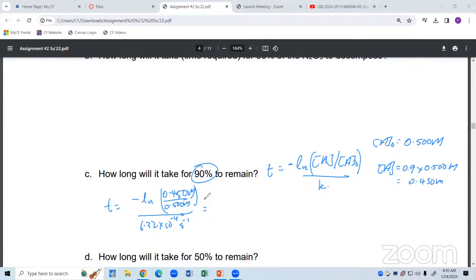So let's see what that gives. 0.45 divided by 0.5, and then we find the natural log, and then we take out the minus sign and divide by 6.32 times 10 to the minus 4. According to my calculations, rounded off to 3 sig figs, the time it would take for 90% to remain would be 166 seconds. All right.